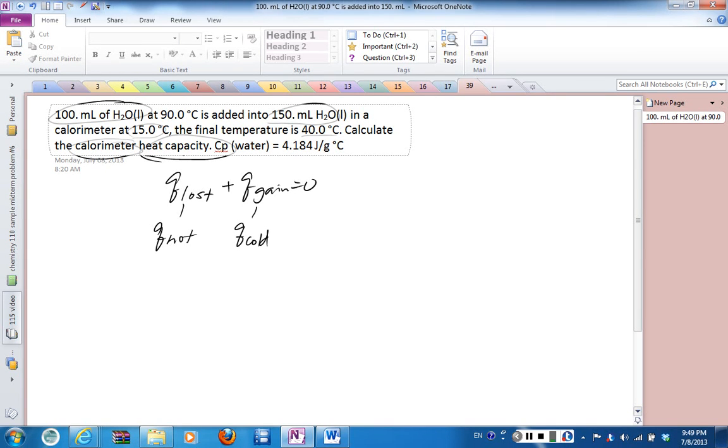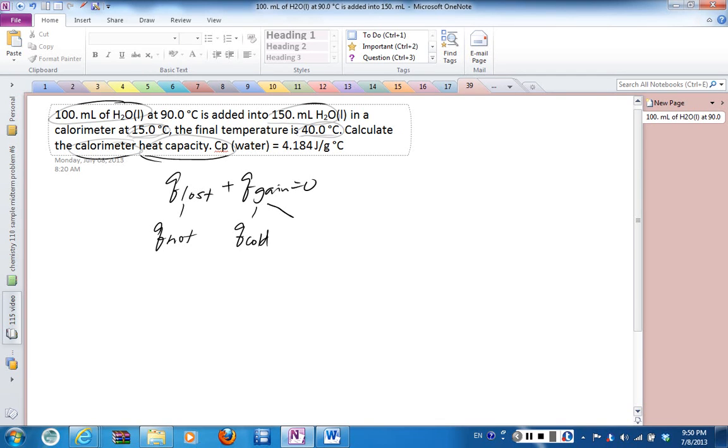That is saying the calorimeter is part of the heat interaction. And since the calorimeter is holding the cold water at 15 degrees Celsius and its temperature did go up to 40 degrees Celsius, we can conclude that the calorimeter also gained heat. And how much?